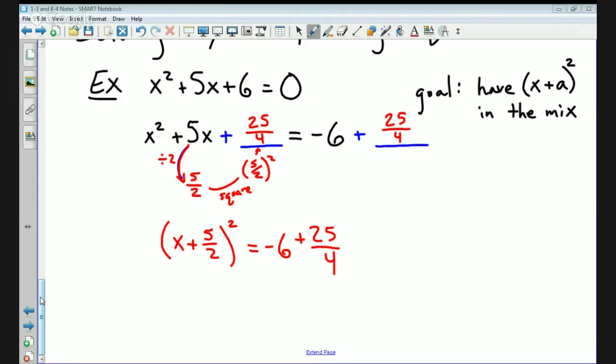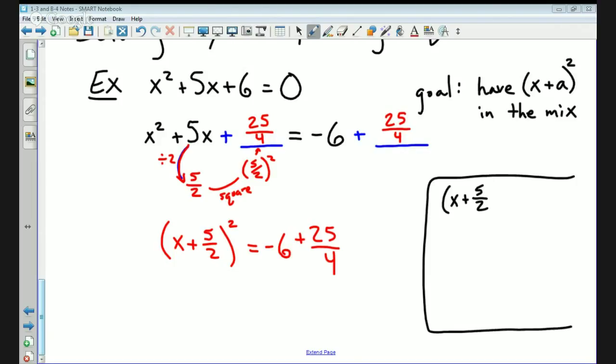But if you're looking at that x plus 5/2 quantity squared, and asking yourself, how is that going to get me back to x squared plus 5x plus 25/4? Remember, it's just going to be an aside again. Remember that x plus 5/2 squared is equal to x plus 5/2 times x plus 5/2.